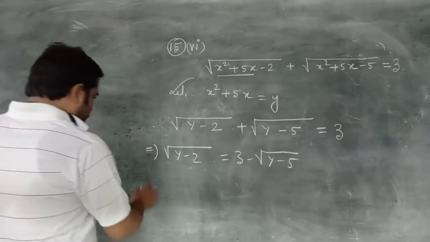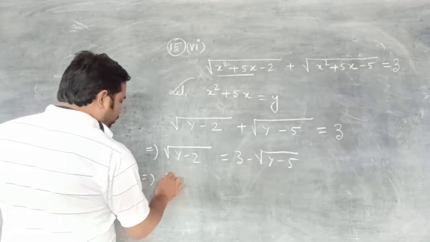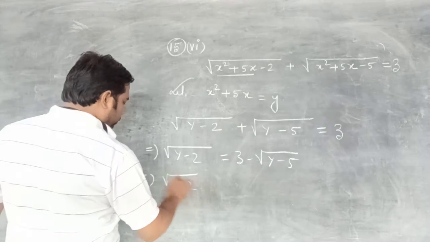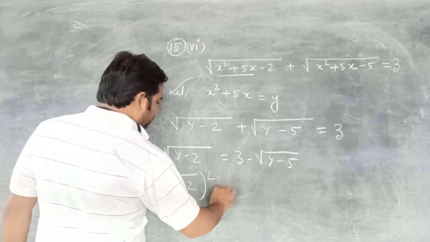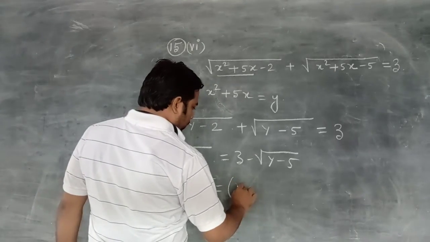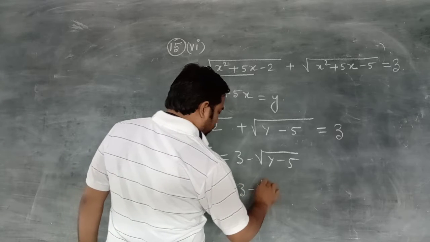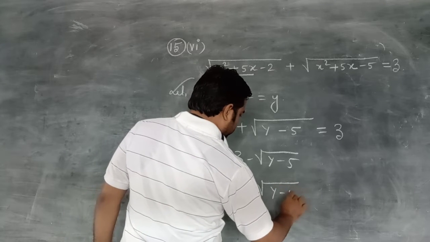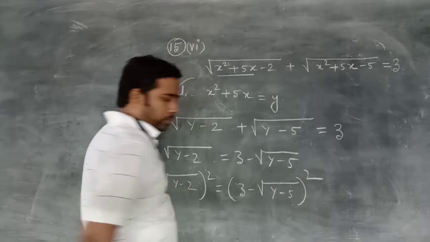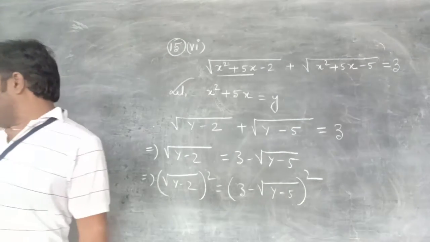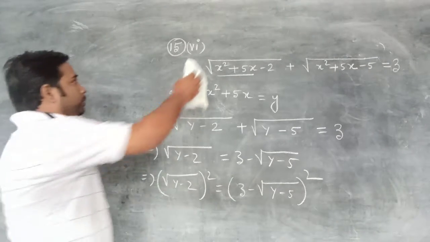If you make square on both sides, this is root over y minus 2 whole square, and this is 3 minus root over y minus 5 whole square. So what shall we get here?